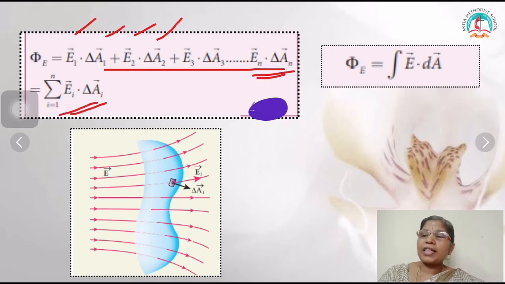Otherwise, with the help of summation, I will write the formula: summation of i equal to 1 to n, Ei into del Ai. So what is the general formula for electric flux? Flux value is equal to the integral of E dot dA, or E dA cos theta.